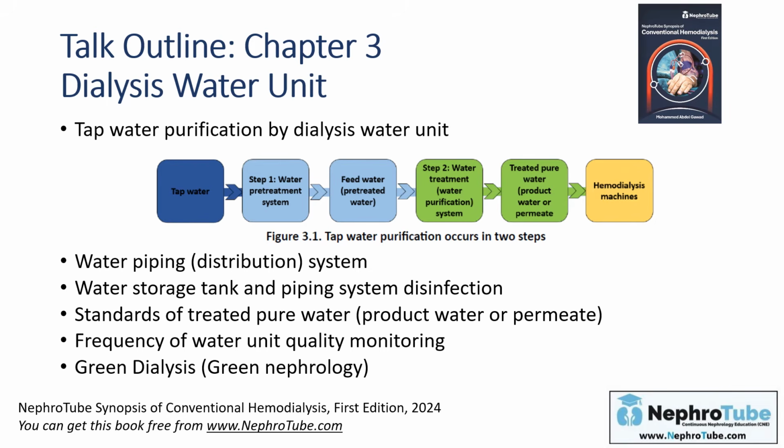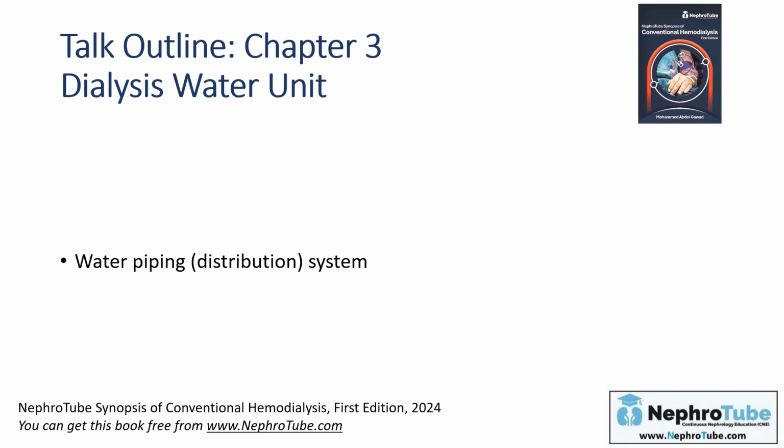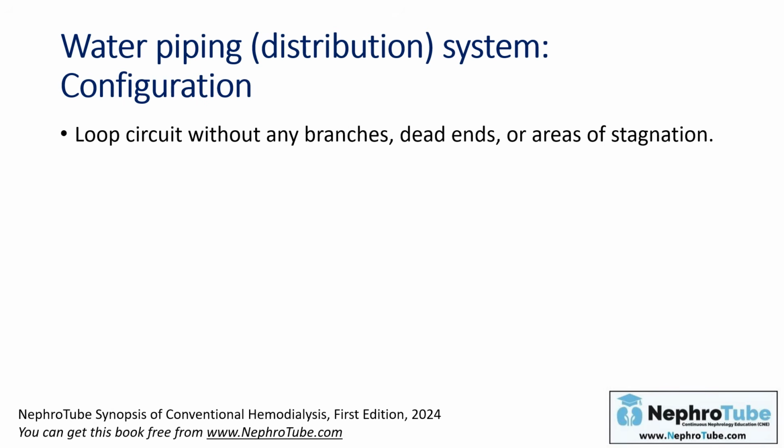Let's go through our talk outline. The next step is to talk about the water piping distribution system. What about the configuration and the pipe types? It is important that the water distribution system should be carefully designed to avoid contamination and prevent stagnation. What about the configuration of the water piping system?